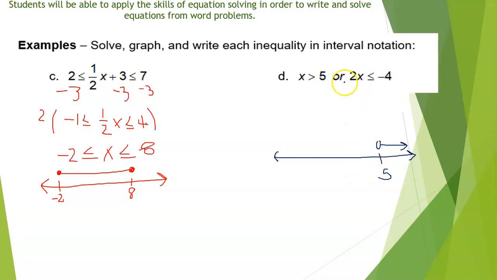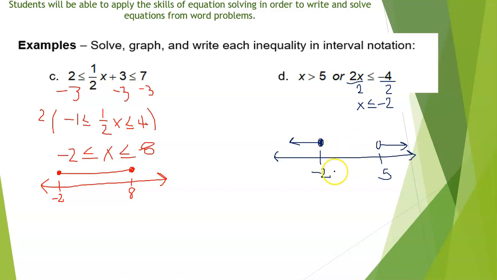When I come up here, I divide both sides by 2. And so then x is less than or equal to negative 2. So that means I have a closed dot at negative 2. And since it's less than negative 2, that means it's away from 0, so this way.